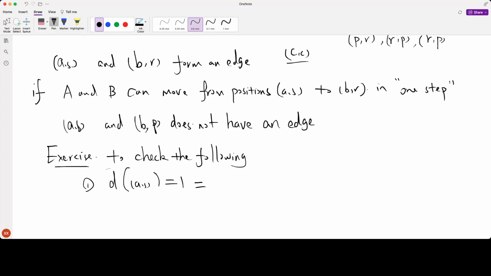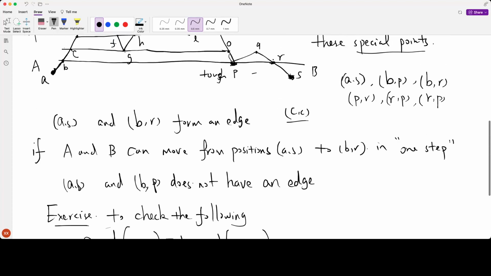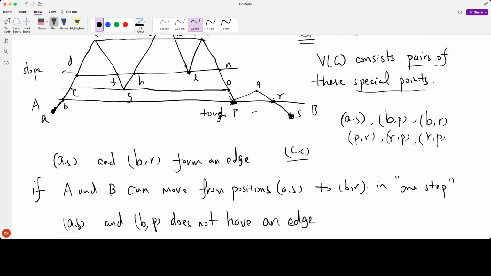And it also equals the degree of SA. So suppose at some point the first person is in this position and the second person B is in this position. There is only one way to arrive at that. So SA only joins RD. So it has degree 1 in this graph. Now here, in this case, AS has only degree 1. So its neighbor is only BR. There are no other neighbors.